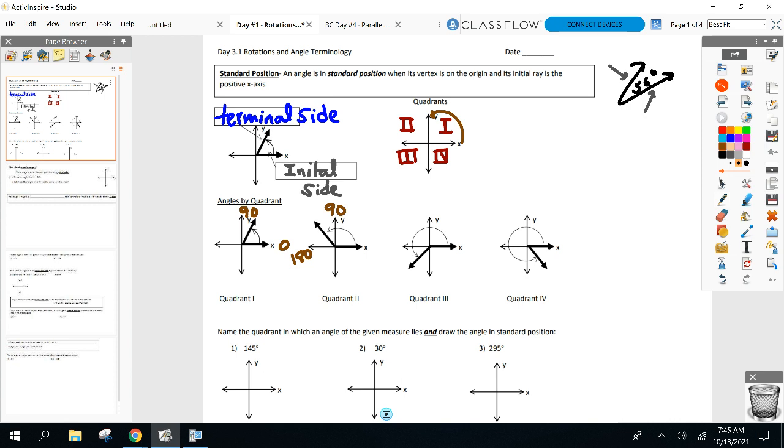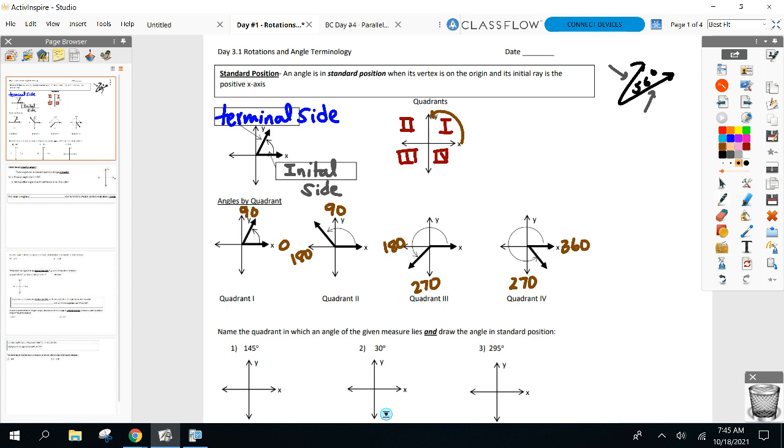If I have an angle in quadrant 3, that'll be somewhere between 180 and 270. And finally, if I have an angle in quadrant 4, that'll be somewhere between 270 and 360. I'll talk about these arrows that I've drawn in here in a second, why they're needed.